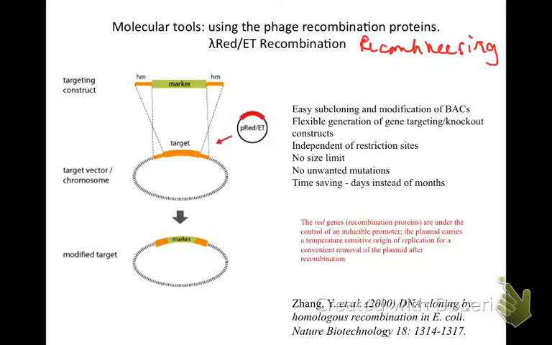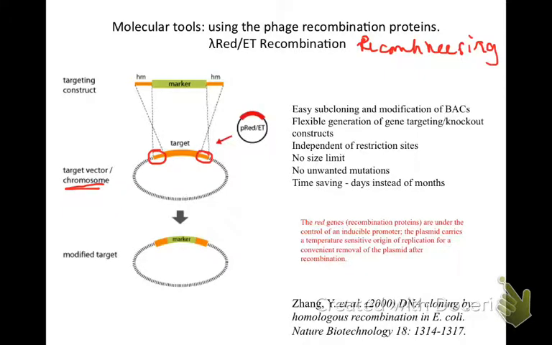All right, well, that doesn't look great, but recombineering really takes some of the enzymes that are important for homologous recombination and uses them to generate new molecular tools. So in this case, here's a target, perhaps you want to make an exchange on the chromosome, and what you do is look at the DNA that flanks that target.